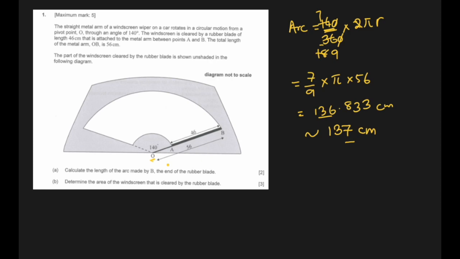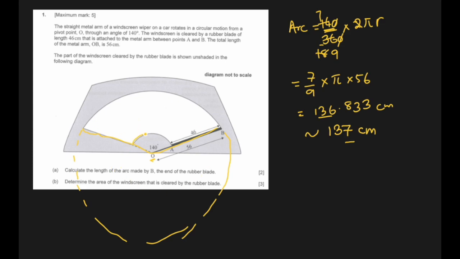Okay, B part. Determine the area of the windscreen that is cleared by the rubber blade, this white part basically. So if I find the whole circle's area, this sector is 140 out of 360 fraction of that area, correct?